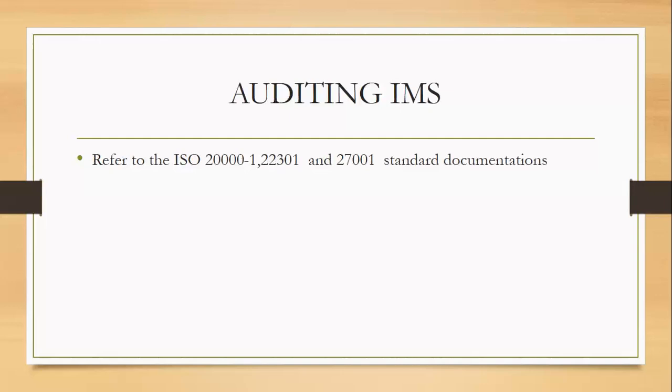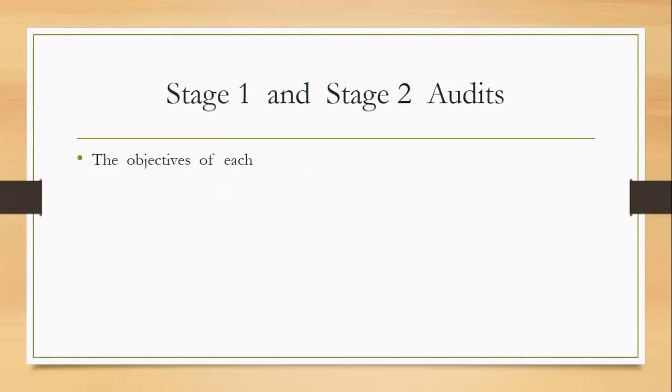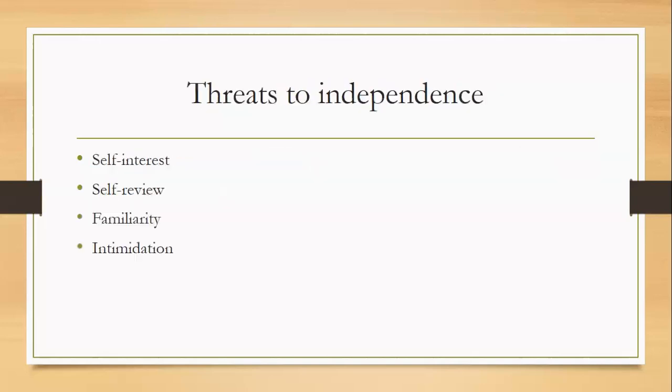So the specifics of auditing is the integrated management system now. You need to look at it. That's why I said refer to any of the standards you are going to audit: 9001, 55001, 14001. You need to have a copy of those standards. I've summarized, at least for clause 4.